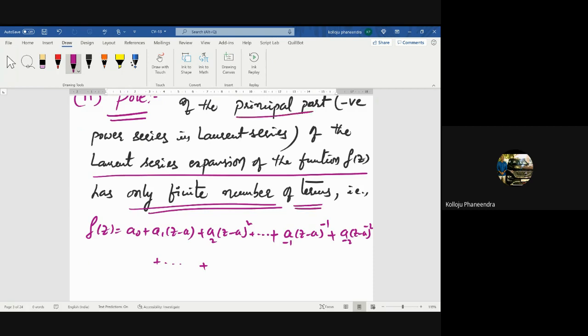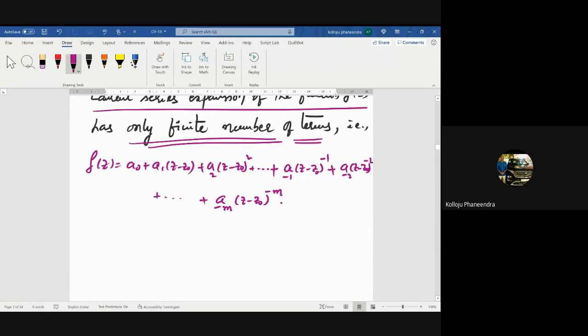For the negative powers, the principal part means I am considering up to m, z minus a whole to the power of m only, not infinite. This is full stop. It is z minus z naught, not a, all of you. This is z minus z naught.